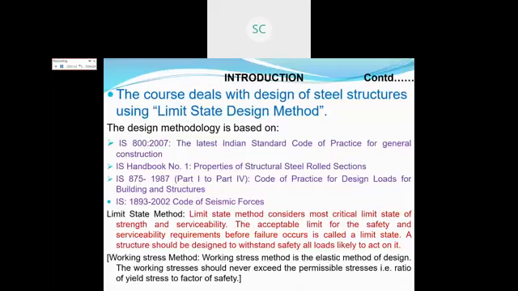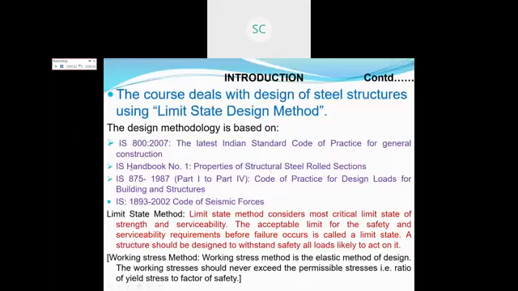So we have modified our code and released it in 2007. That is called IS 800 2007, the latest Indian standard code of practice for general construction. So we have to use this code IS 800 2007 for the design of steel structure.